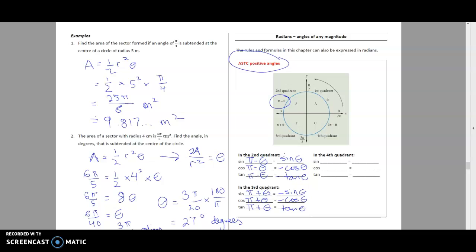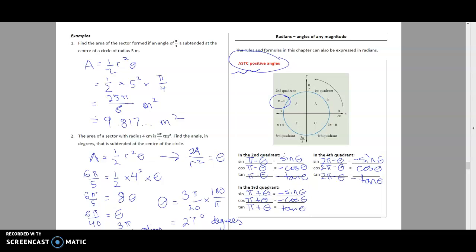Fourth quadrant, cos is positive, the other two are negative, and that's 2 pi minus theta. 2 pi is the whole way around, take off theta in the last quadrant. So we get minus sine theta, cos theta, minus tan theta.